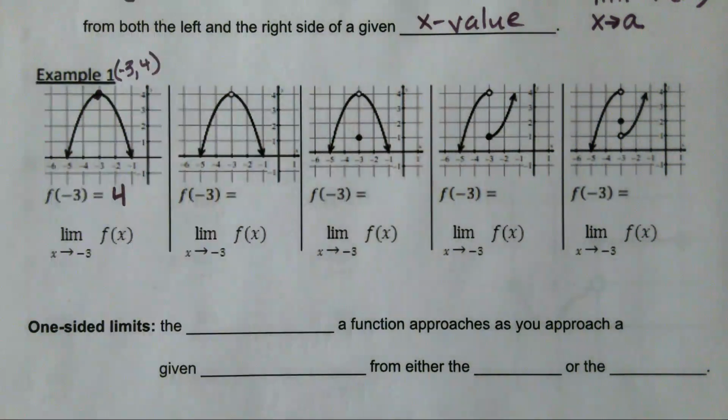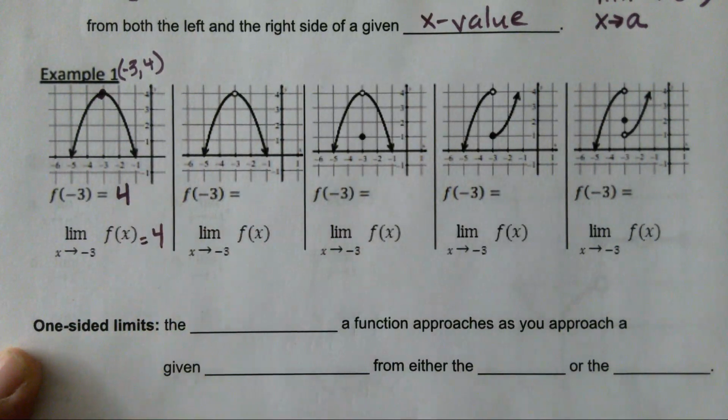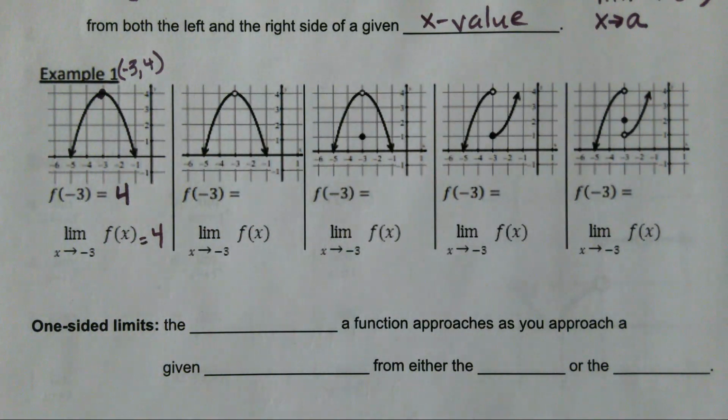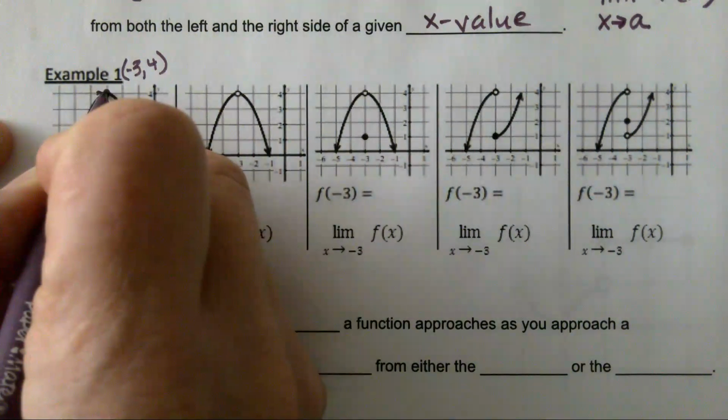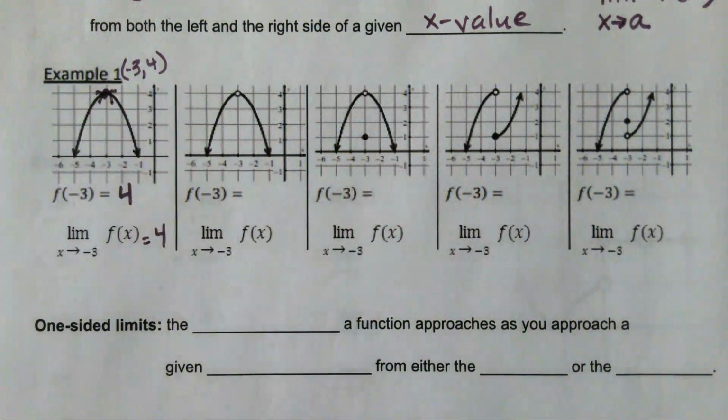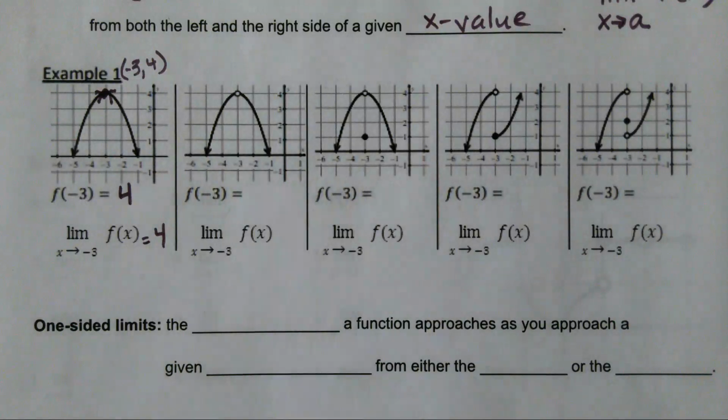Because this is a continuous function, again meaning no breaks, no holes, the limit is also 4. Because on the left-hand side and the right-hand side of that point where -3 hits the graph, it goes to that position. Sometimes I'll draw little arrows on each side. Where does it look like it's headed? If I could walk up the graph on either side, I'm headed to that exact location.